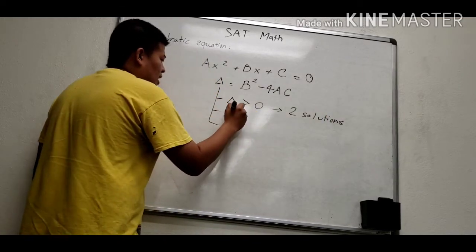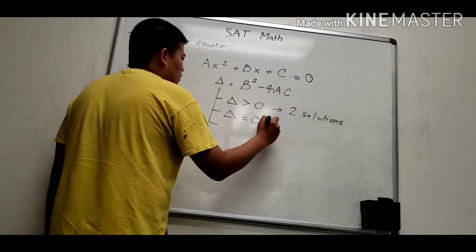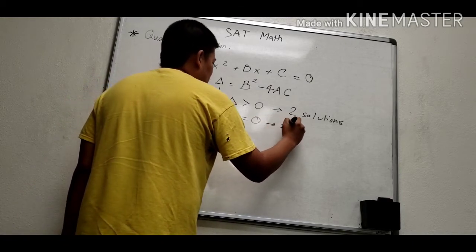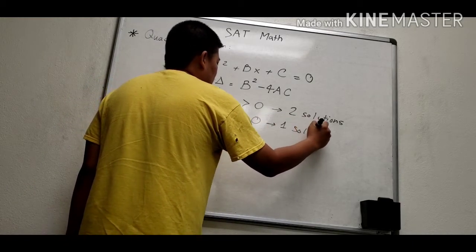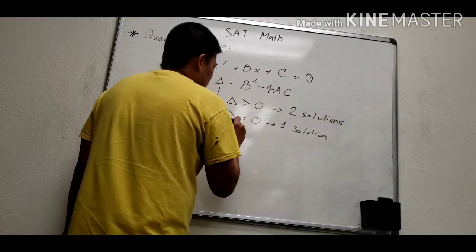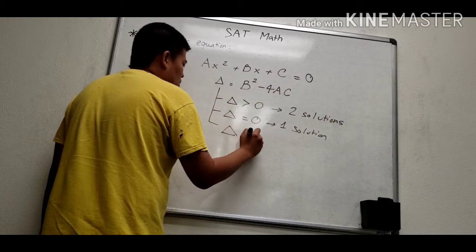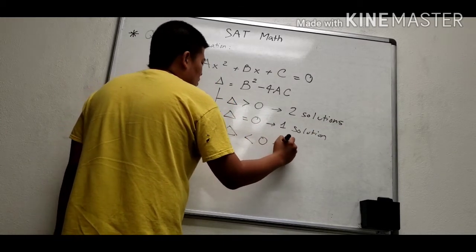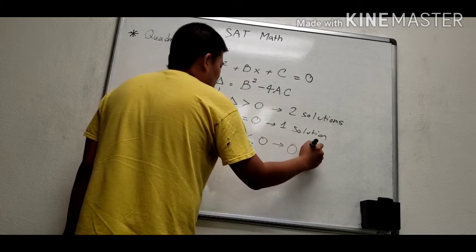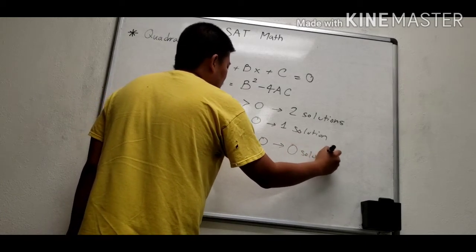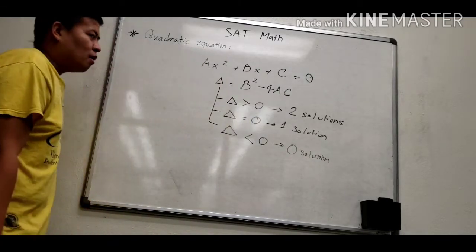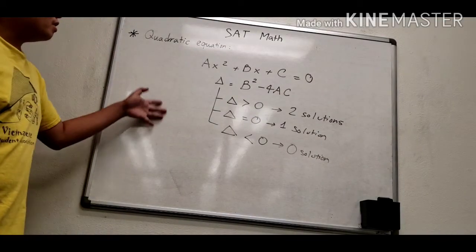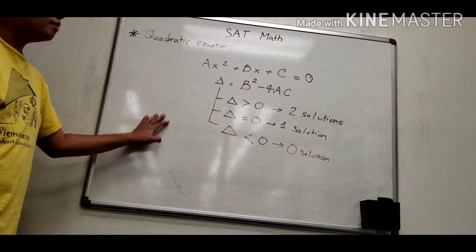If the delta is equal to 0, we have only one solution. If the delta is below 0, there is no solution. This is about the quadratic equation, and we need to memorize them.